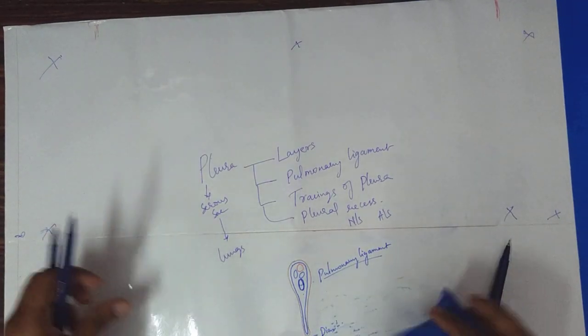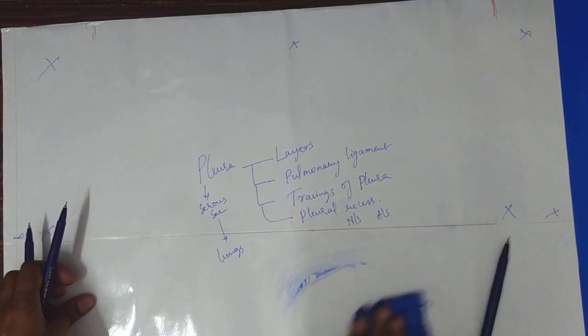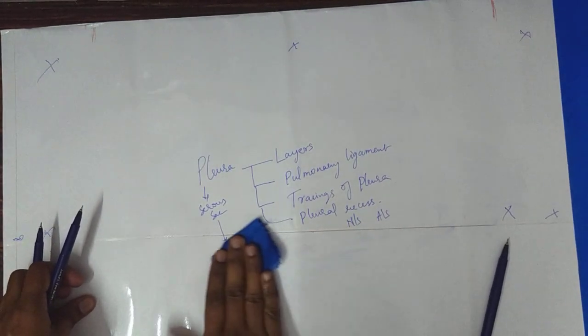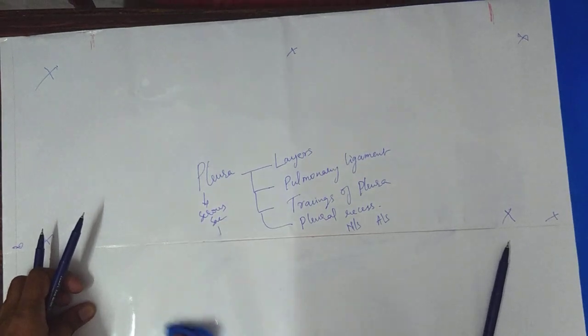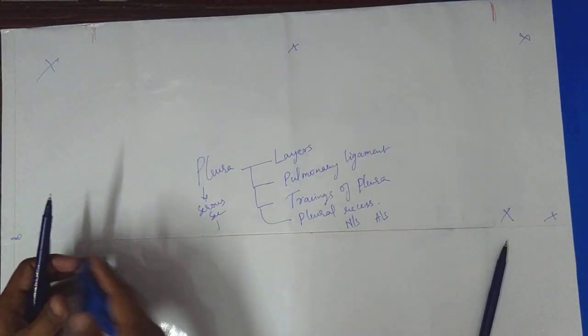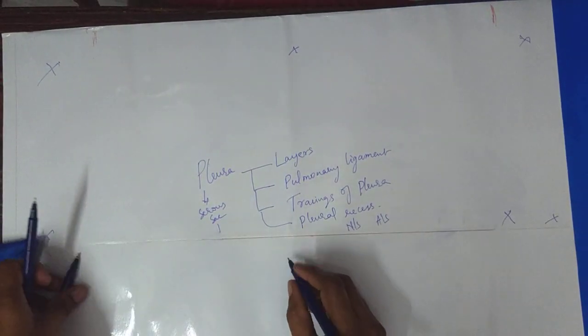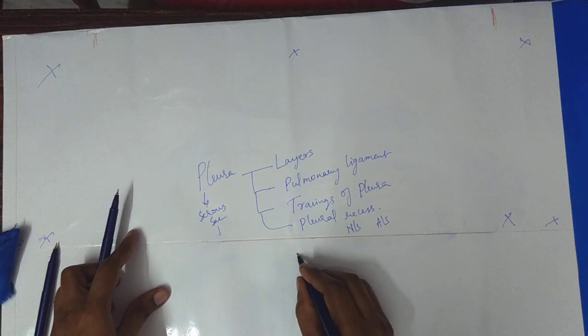The next thing is tracing of the pleura, which is nothing but the surface markings of your pleura. For that we will draw a simple diagram of how to trace it.